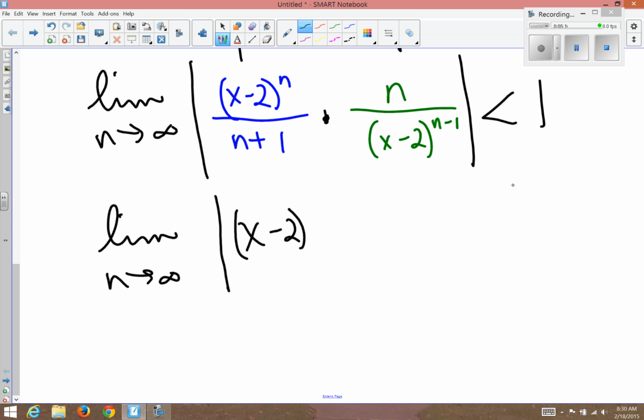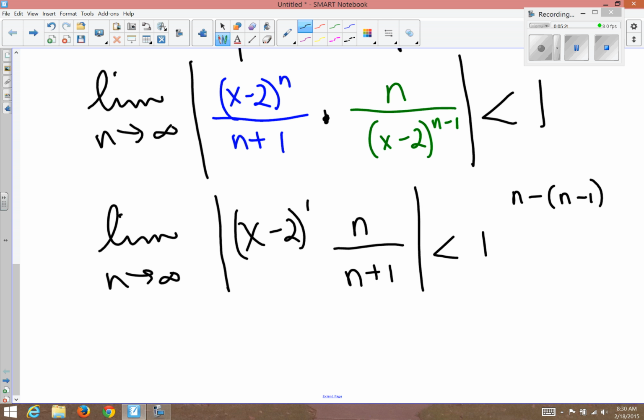The exponent up there minus the exponent down here is 1. We still have this green n in the numerator and this blue n plus 1 in the denominator. I'm going to erase this. This is my subtracting these exponents. Make sure you see that that's just 1.